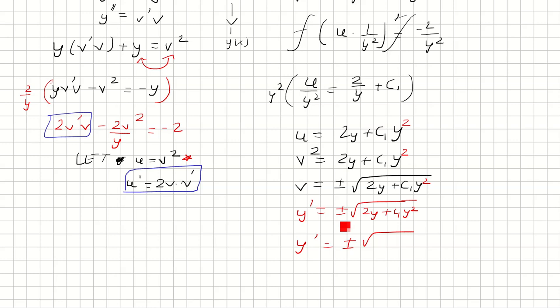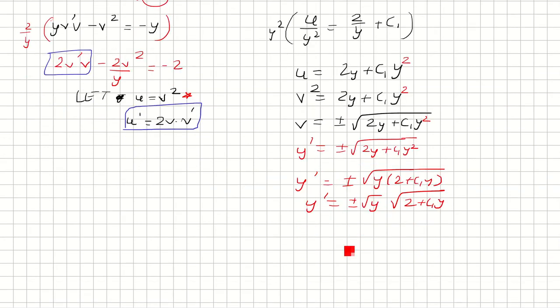So basically we'll factor out a y here, like this, and then we'll divide both sides by the square root of y times 2 plus c1 y. And then we can integrate this.